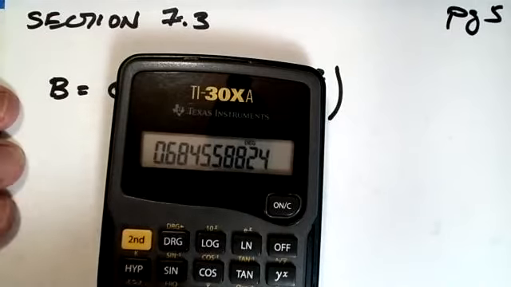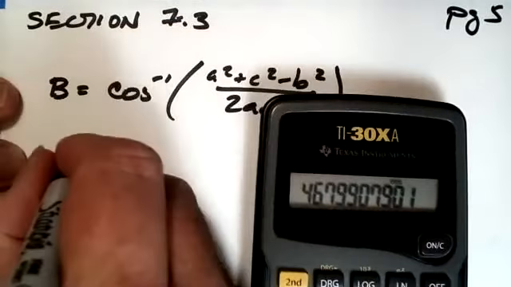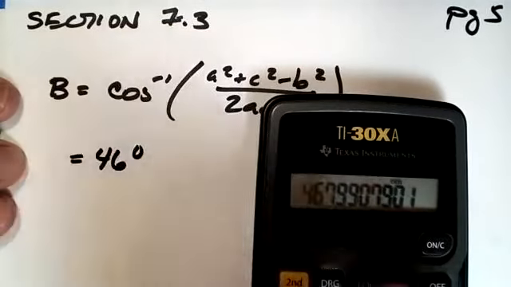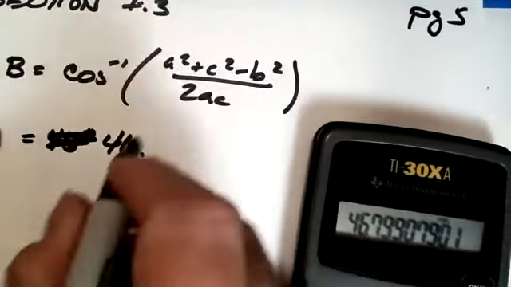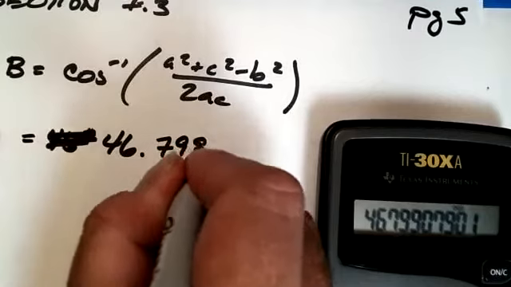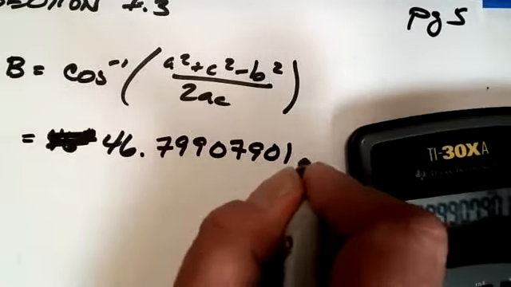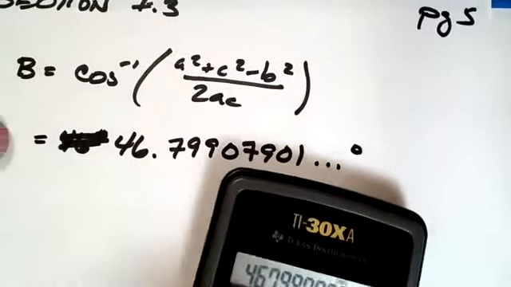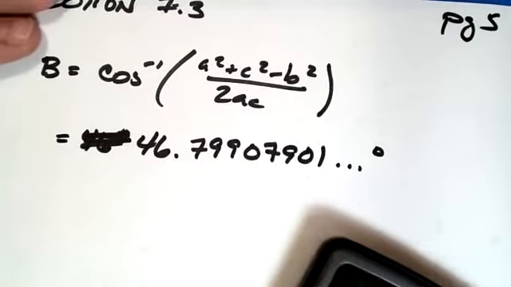And it's in the range of cosine, so we should be able to take the inverse cosine, and there's our angle. 46.79907901 degrees. Okay, so usually at this point, you could just add both of those together, subtract it from 180, and find the third angle.